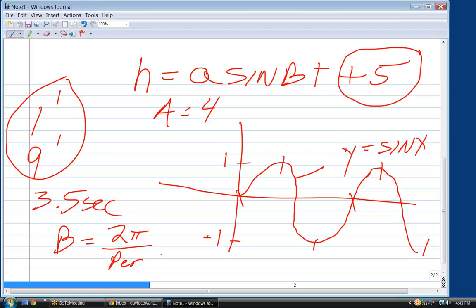And so B is 2 pi divided by 3.5, which is 4 pi over 7, multiplying top and bottom by 2, which is what you'd want to do. You wouldn't want to give the answer as 2 pi over 3.5.